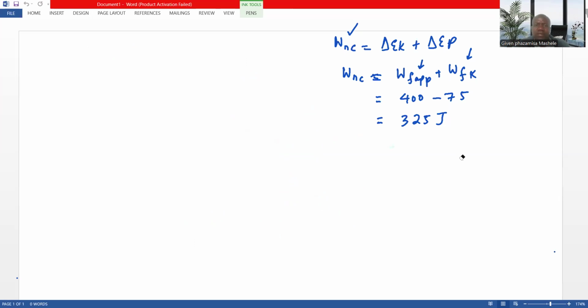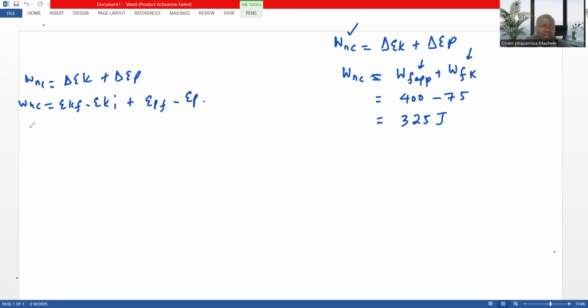Okay, so now the work done by the non-conservative force is the change in kinetic energy plus the change in potential energy. The change in kinetic energy is kinetic final minus kinetic initial. The same applies with potential: potential final minus potential initial.